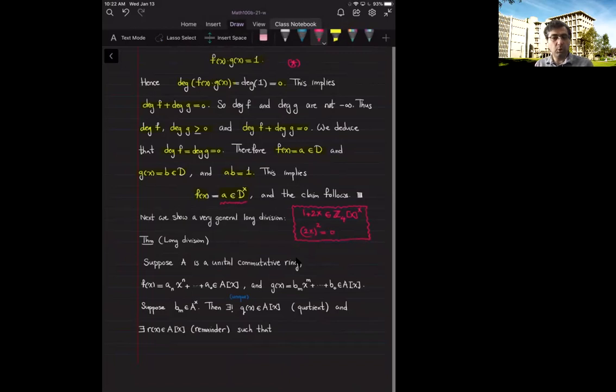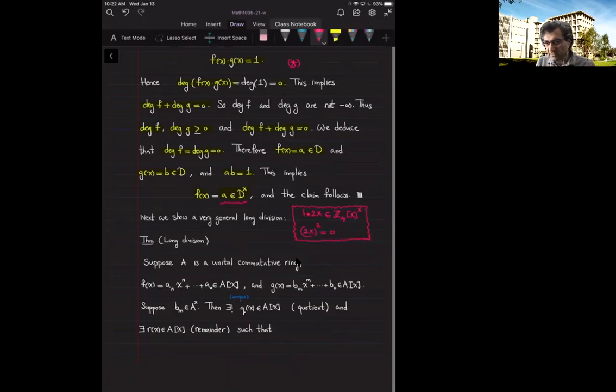Okay, so what is long division? The statement is the following: if I give you a unital commutative ring, then whenever I give you two polynomials, f and g, we can divide f by g, get a quotient and a remainder. We cannot do it in general.